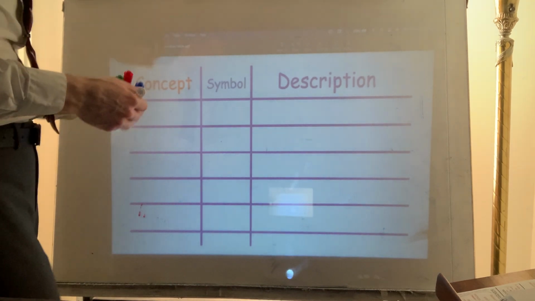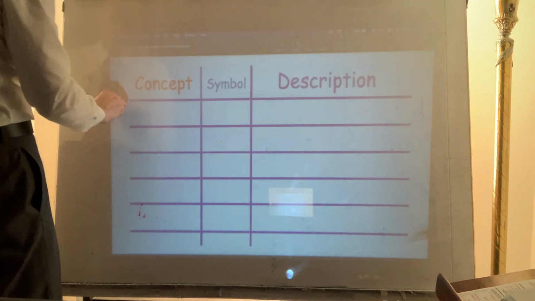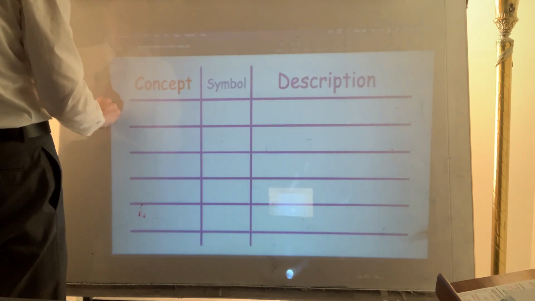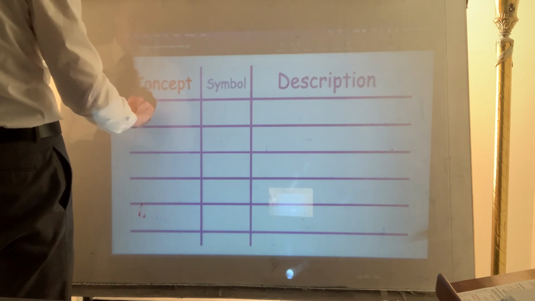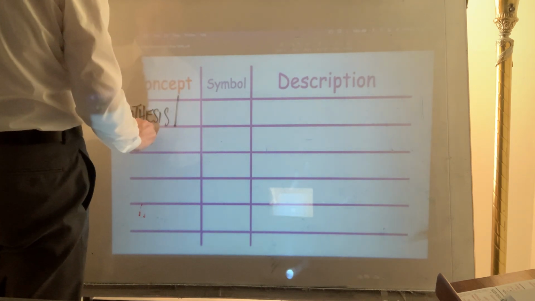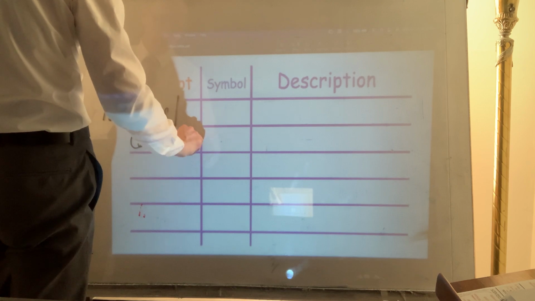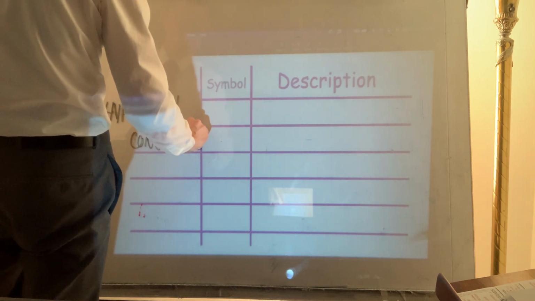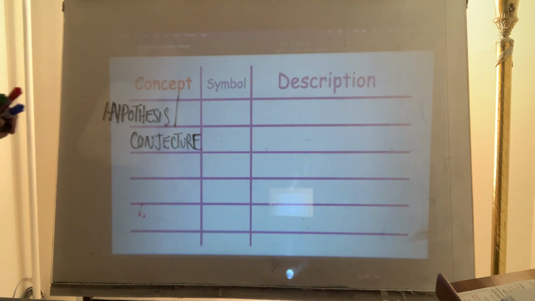All right. Let's start with this. You already have this on this piece of paper, but these are similar enough to group them together. Hypothesis, i.e. a conjecture. One might argue, oh, they're not exactly the same thing. They're similar enough. Know these words.